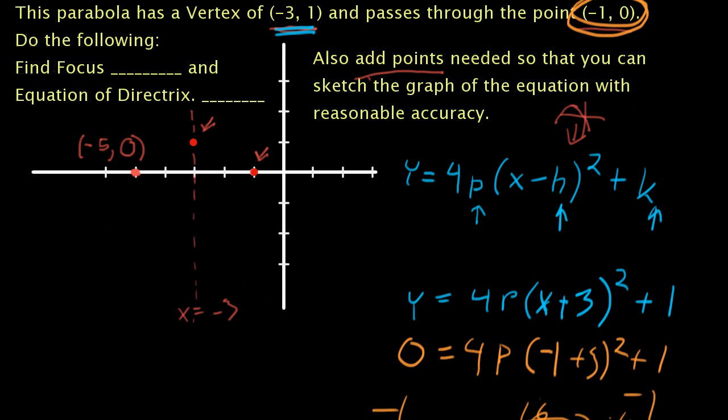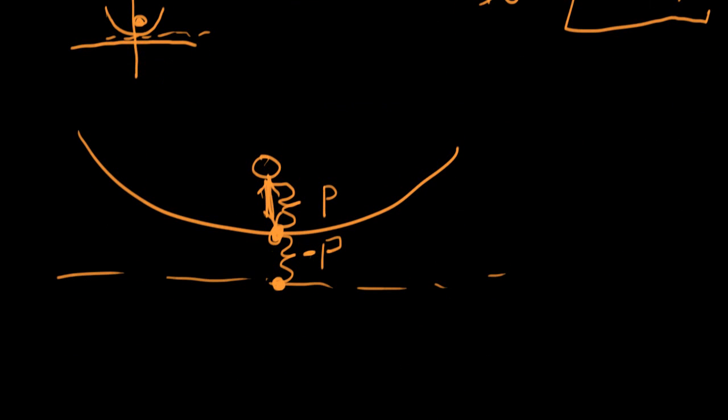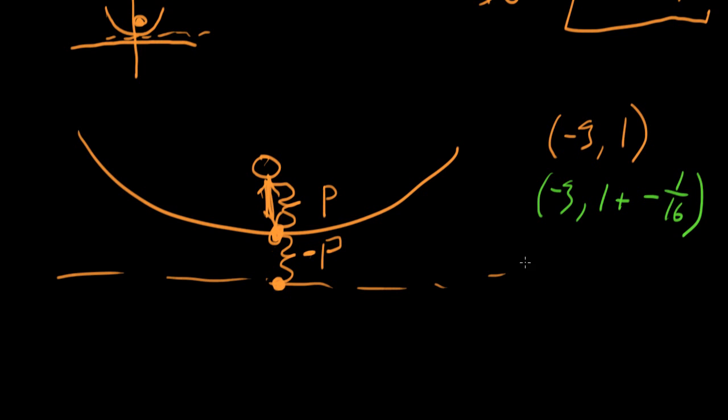and I look at my negative 3 comma 1, and I go negative 3 comma 1 plus a negative 1/16, I end up with negative 3 plus, that's 16 sixteenths minus 1/16 is 15 sixteenths.